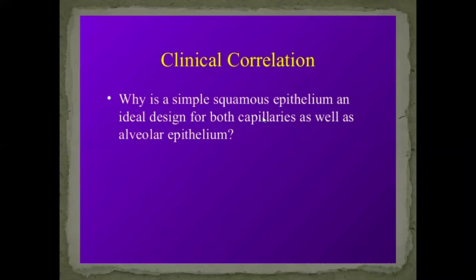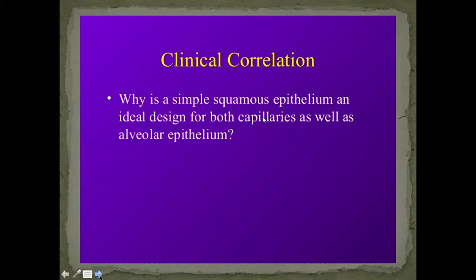So needed na simple squamous products para to facilitate easier diffusion. Okay, so very good, no? So in order for the substances to go in and out easily, okay? Very good. So that's our clinical correlation for a simple squamous epithelium.